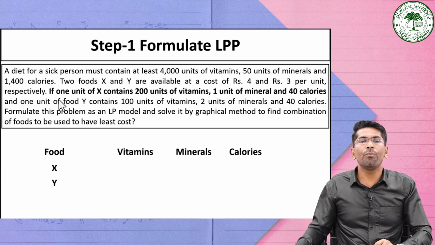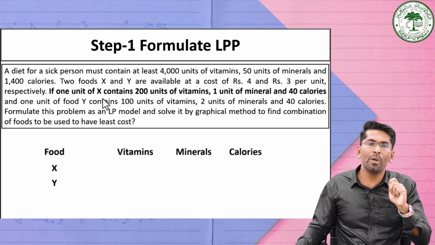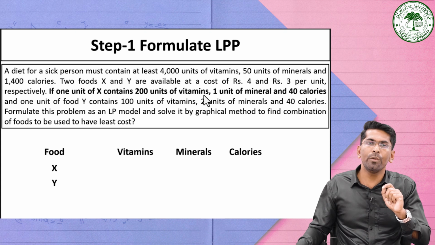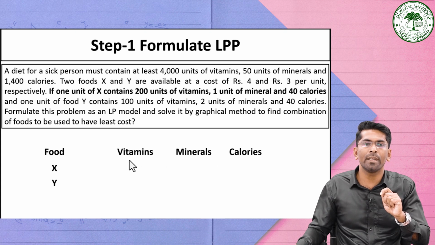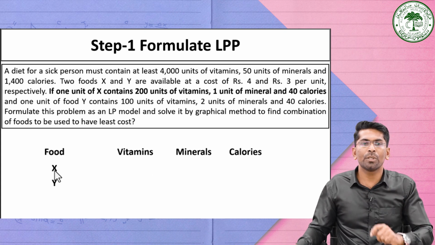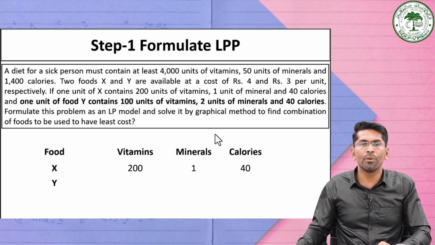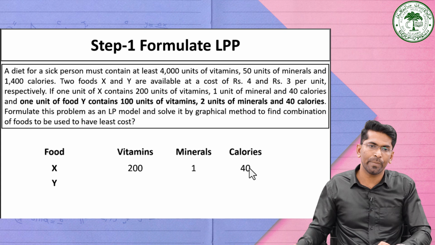If 1 unit of food X contains 200 units of vitamin, 1 unit of minerals and 40 calories, this information we are going to represent here: food X contains 200 units of vitamin, 1 unit of mineral and 40 calories.